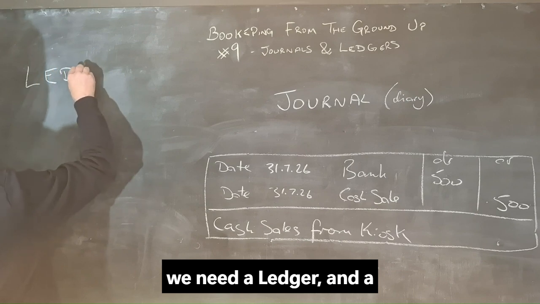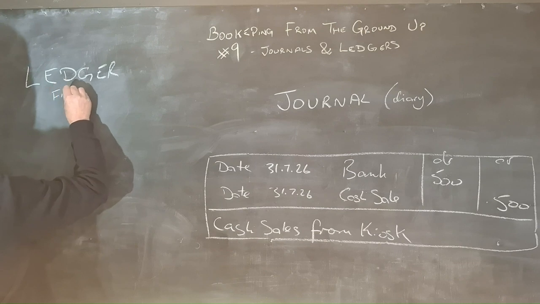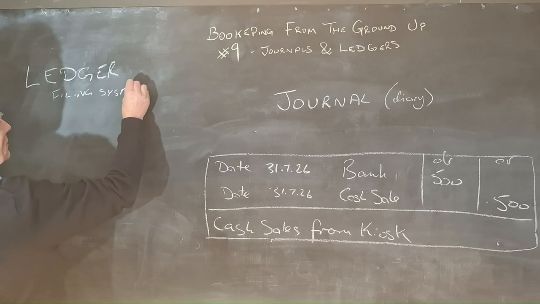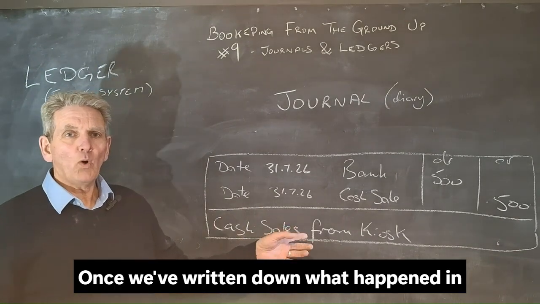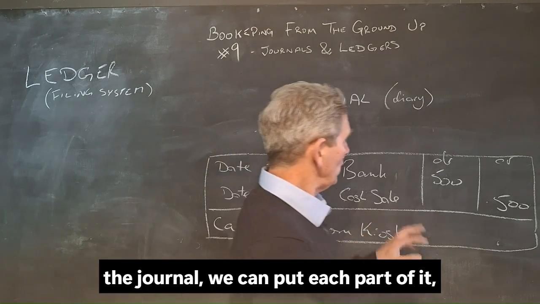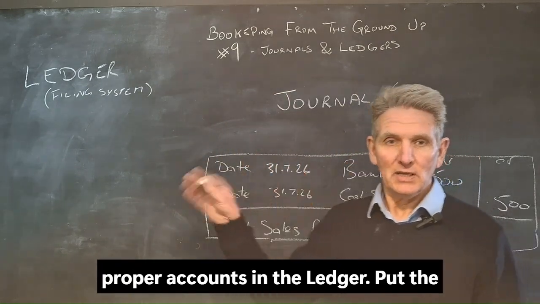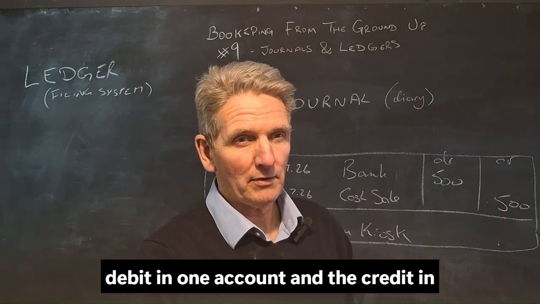And a ledger is a filing system. Once we've written down what happened in the journal, we can put each part of it, the debit and the credit, into their proper accounts in the ledger. Put the debit in one account and the credit in another account.